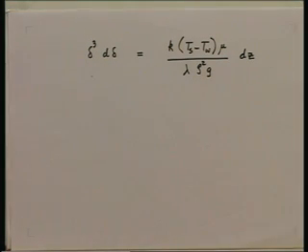This is what we get on applying the first law of thermodynamics to that slice, which is delta multiplied by dz.